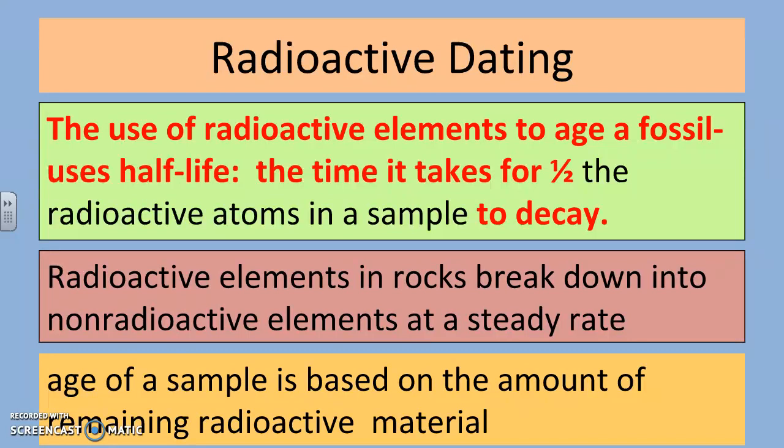And so we can use something called half-life to determine the age of a fossil based on the rate at which the radioactive elements break down. Okay. And so we actually tell the age of the sample based on the remaining radioactive material. So this one is number 39. Radioactive dating is the use of radioactive elements to age a fossil.